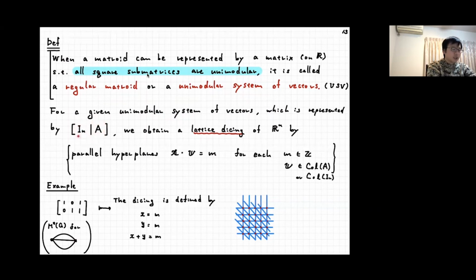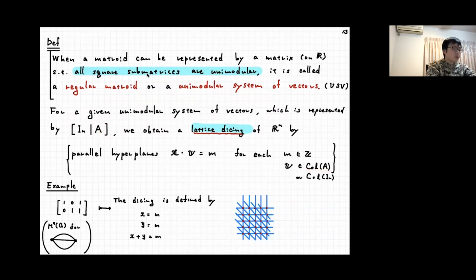For such an expression (I, A), we obtain a lattice dicing, in fact, of R. It is given by parallel hyperplanes x dot v equals m for each choice of the integer m for the dicing, and for the choice of v which is in the columns of capital A, essentially. Of course, we also should consider the columns of the identity for the vertical lines. But we also have the additional lines from the columns of this matrix capital A.